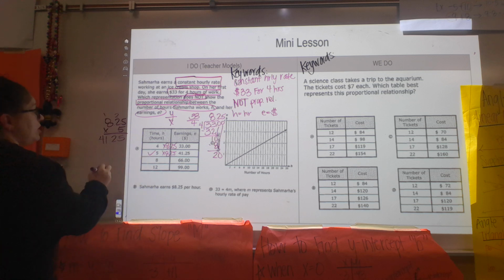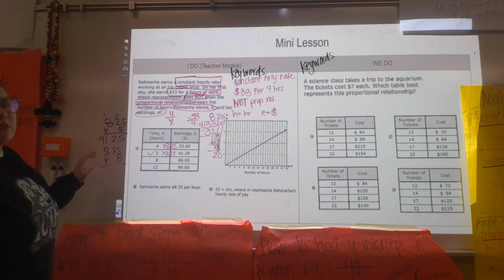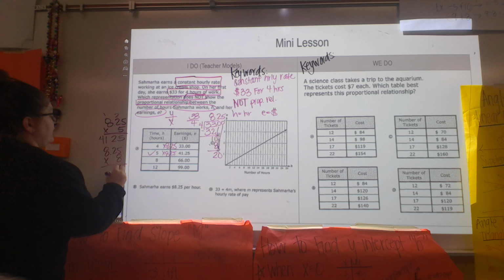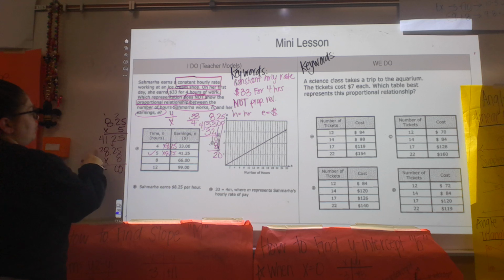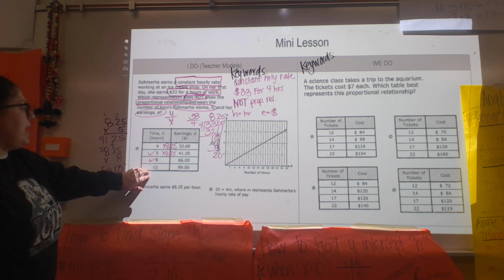Let's try the next one. We have $8.25 and 8 hours. So 5 times 8 is 40, carry my 4. 8 times 2 is 16, plus 4 is 20, carry my 2. 8 times 8 is 64, plus 2 is 66. That one works. Okay, last one.